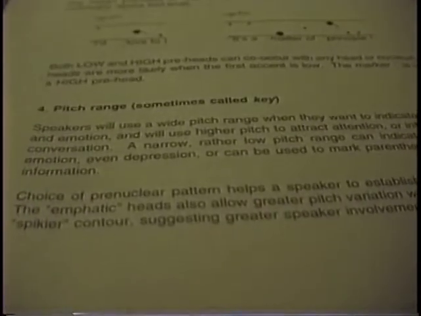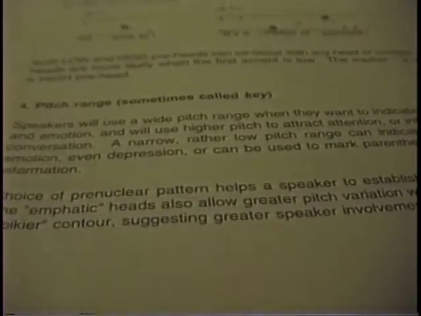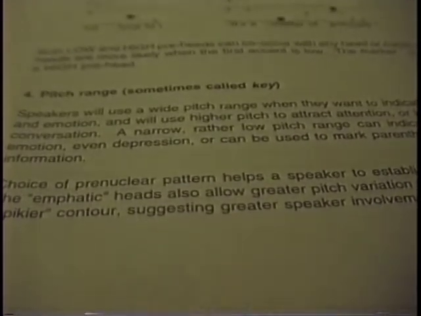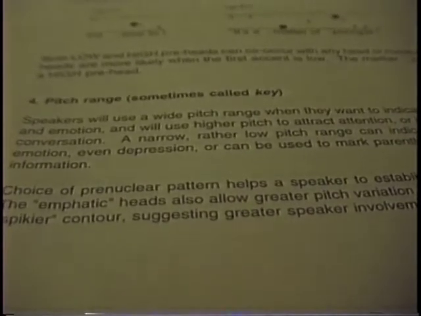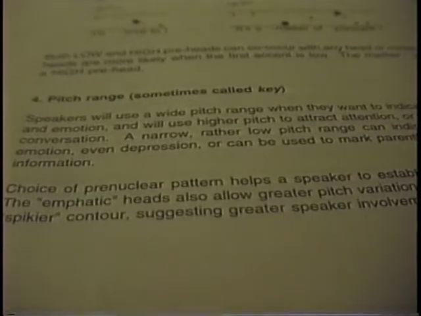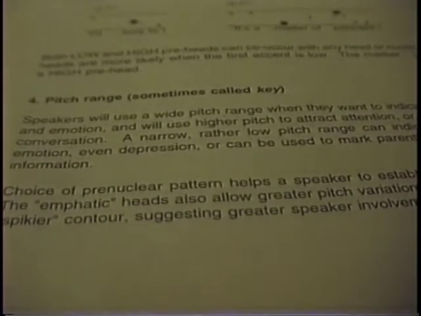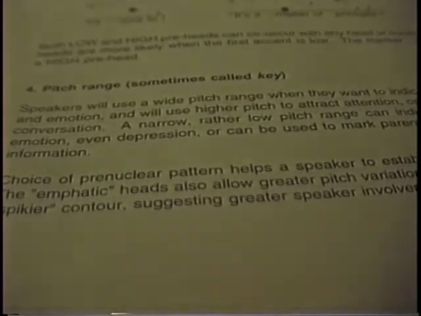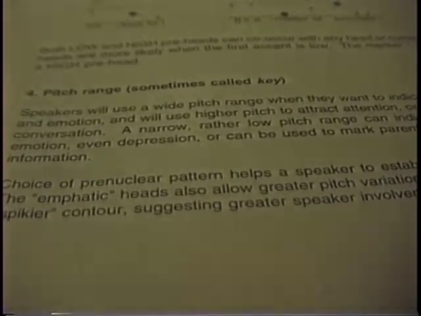You also use a higher pitch to attract attention or to start a new topic in the discourse and so forth. Whereas a narrow, rather low pitch range, if I speak all down here all the time, what it actually indicates is that I'm feeling a little bit detached, I'm not very emotional, I might even be feeling rather depressed. Basically, you're going to fall asleep if you have to listen to me talking like this for very much longer.